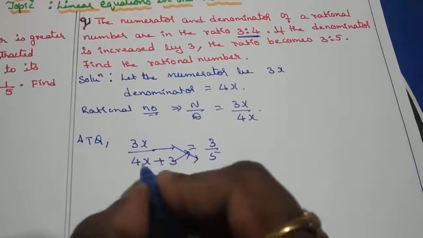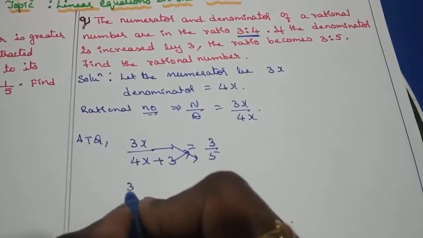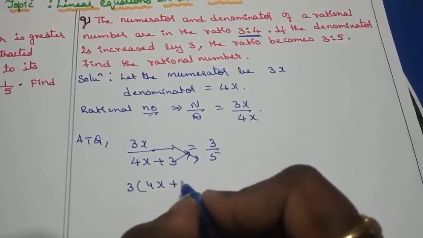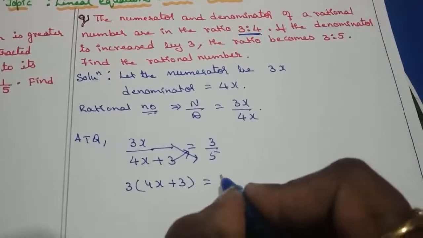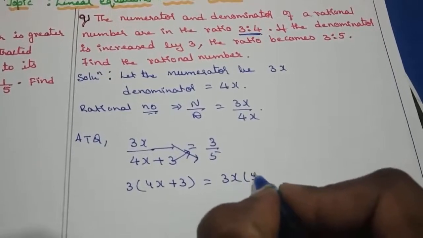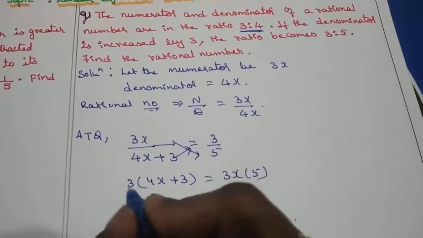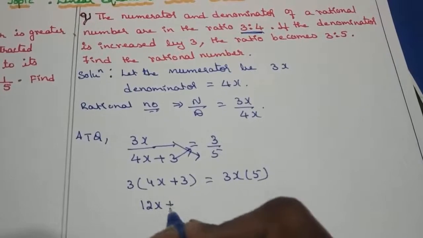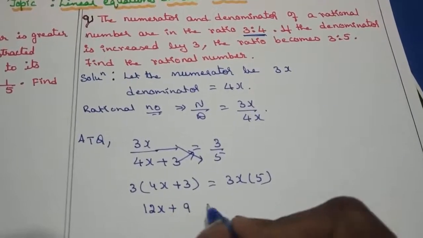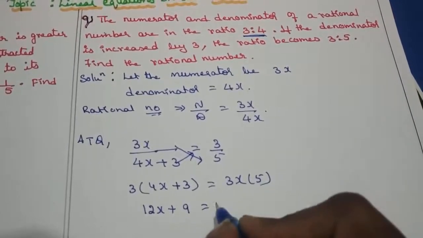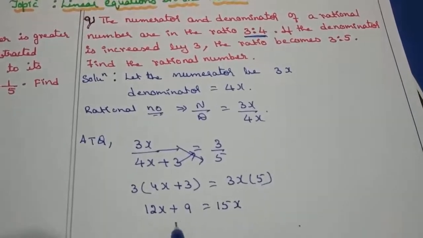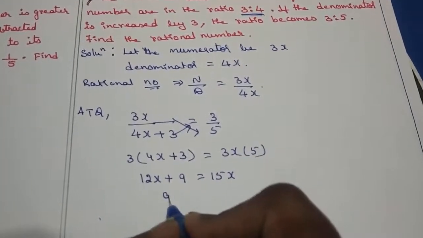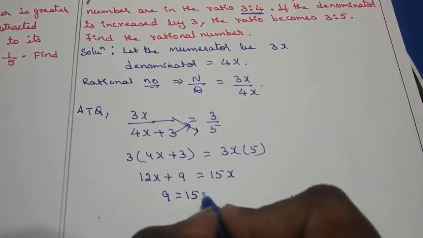Since here we have a binomial, we need to put it within a bracket, that is 3 into 4x plus 3 equal to 3x into 5. Then multiplying monomial with the binomial, 3 fours are 12x plus 3 threes are 9 equal to 3 fives are 15x. Take the constants one side and the variables the other side.